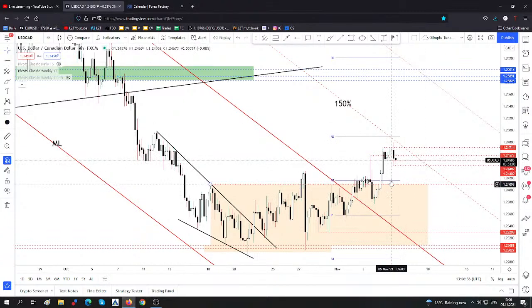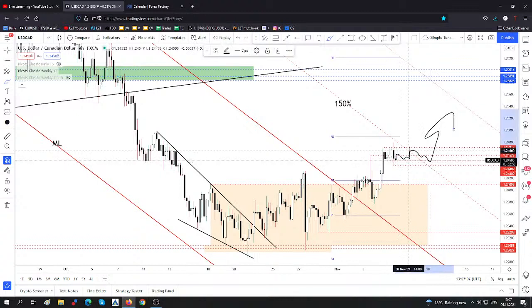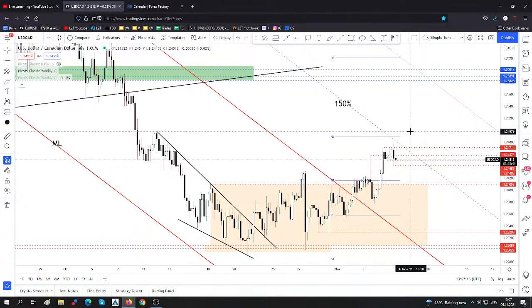So staying above today's low here, moving sideways in the short term, a valid breakout above the 150% Fibonacci line, or a new higher high, an upside breakout above 1.2471, above the 150% Fibonacci line could signal potential growth or something.